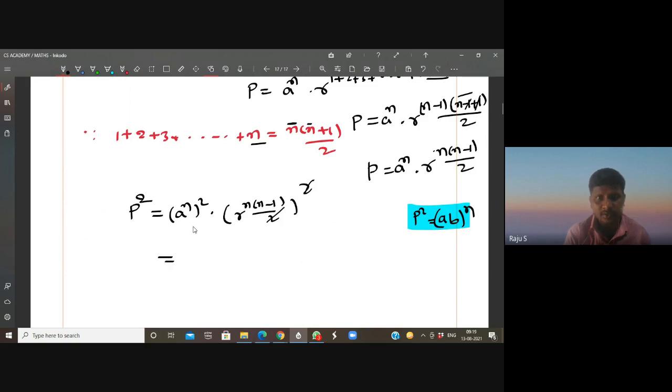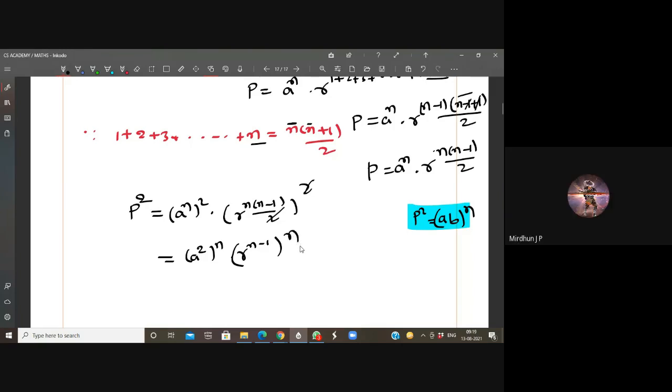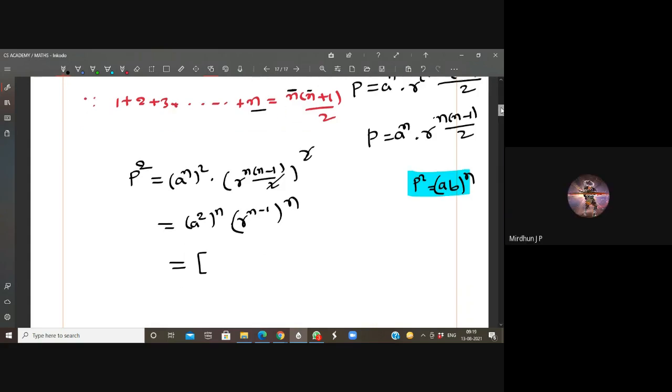See, this A power n whole square can be written as A square whole power n. Clear? This R power n into n minus 1 can be written as R power n minus 1 whole power n. Sir, first we can equate AB whole power n, then we can square P. Okay, then we can do LHS equal to RHS.